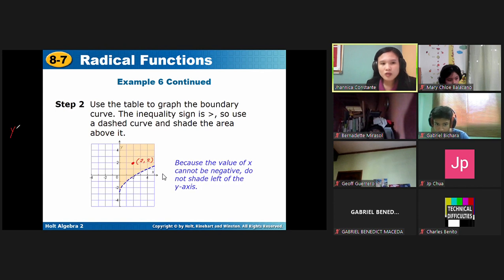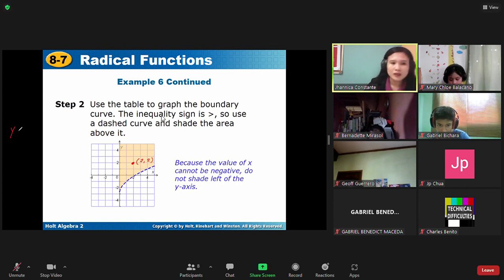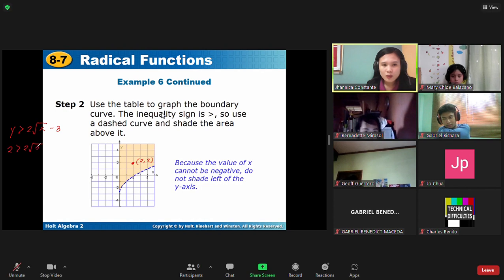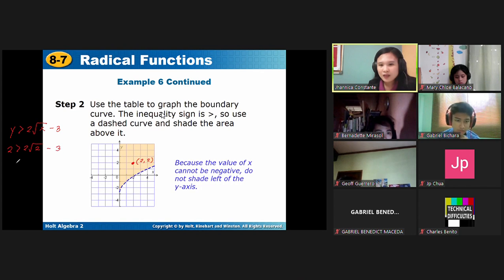Our radical function is y greater than 2 square root of x minus 3. So the value of y based on the point that we're going to check is 2 greater than 2 square root of 2, since that's the value of x from the coordinate, minus 3. So 2 greater than, what is the square root of 2? 1.4.